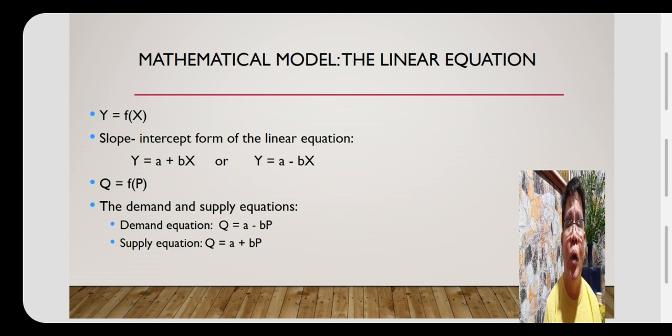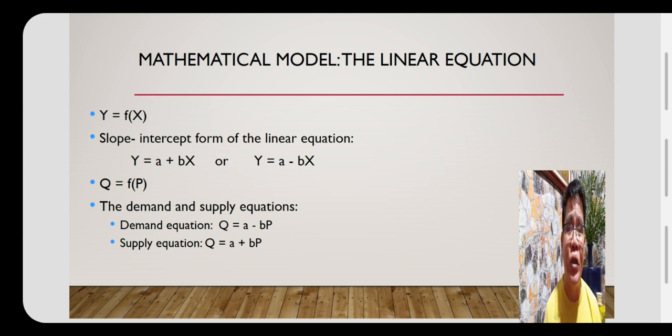So take note that this linear equation that we are using in this discussion is actually a slope-intercept form. Why slope-intercept? Because what is given in the equation are the values of your slope and the value of your intercept. B is your slope and A is your intercept.